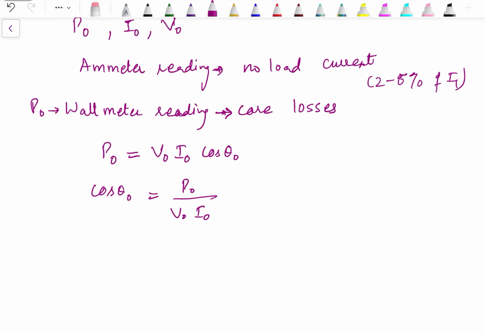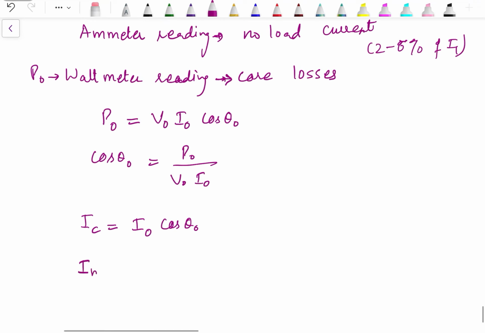Once we have the value of cos theta naught, we can calculate the core loss component of current, which is equal to I naught cos theta naught. We can also calculate the magnetizing component of current, which is equal to I naught sin theta naught.